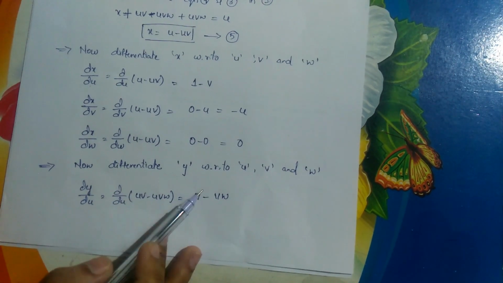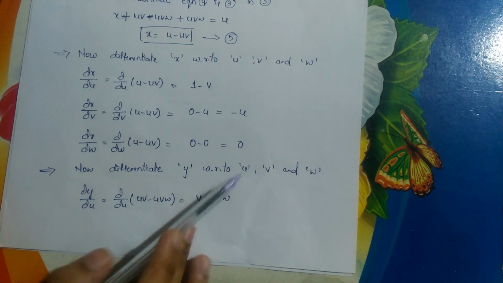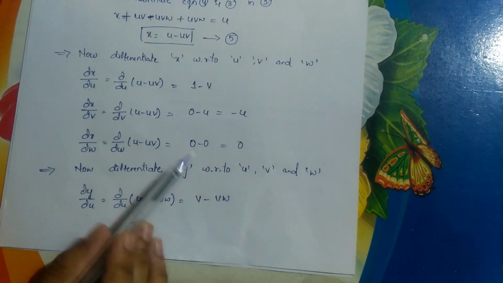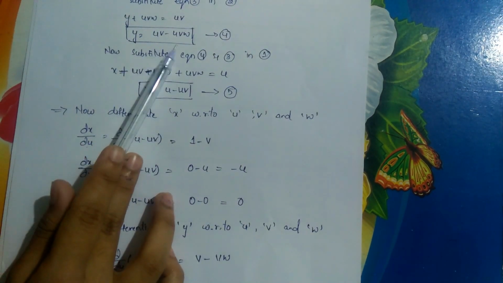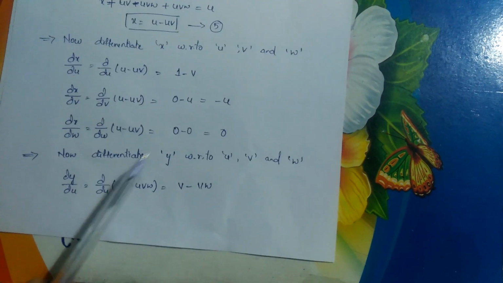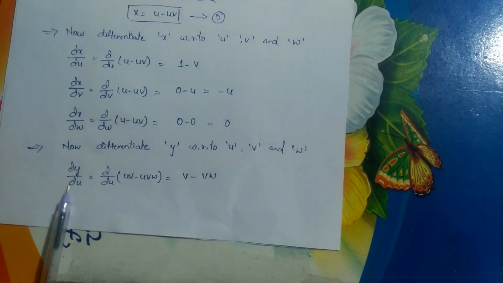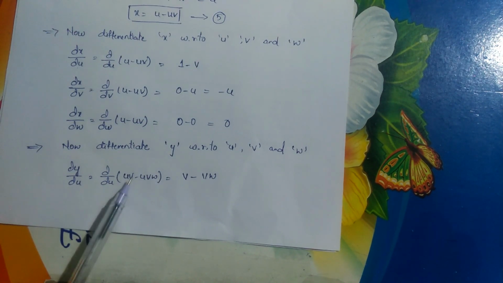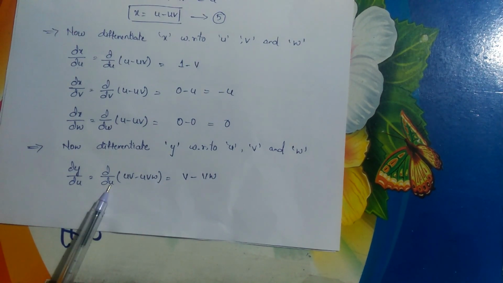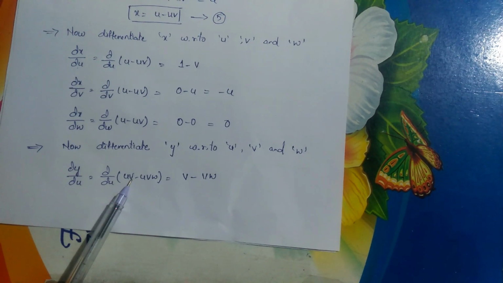Now differentiate equation y with respect to u, v and w. First we are differentiating with respect to u. Our y equation is y equals uv minus uvw. So here ∂y/∂u equals ∂/∂u of uv minus uvw. For uv differentiated with respect to u, v is treated as constant, and u differentiated with respect to u is 1.